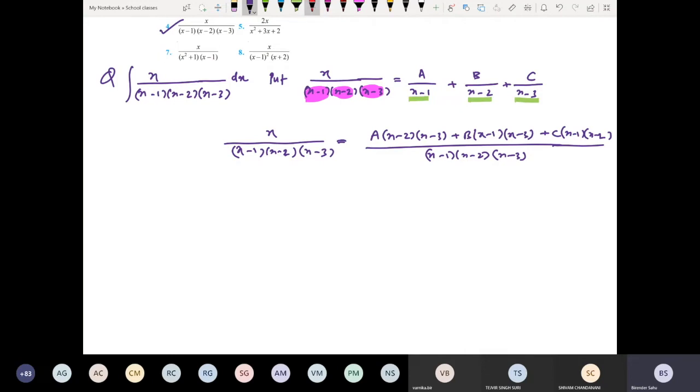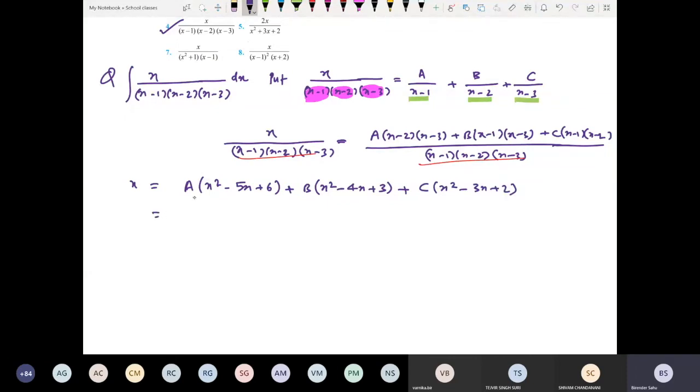This is cancelled. Now we can multiply this: A times x square minus 5x plus 6, plus B times x square minus 4x plus 3, plus C times x square minus 3x plus 2.